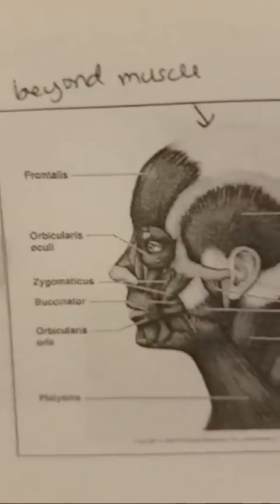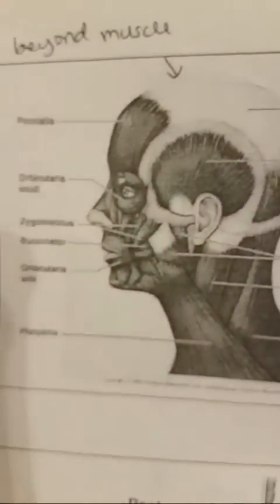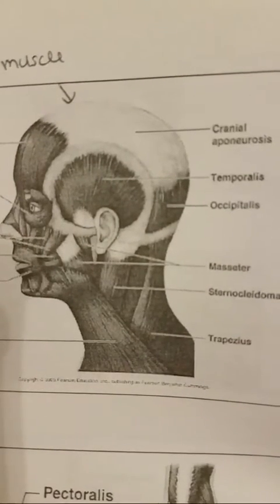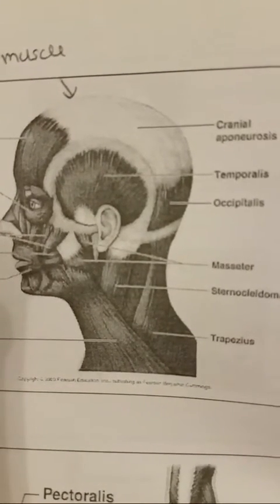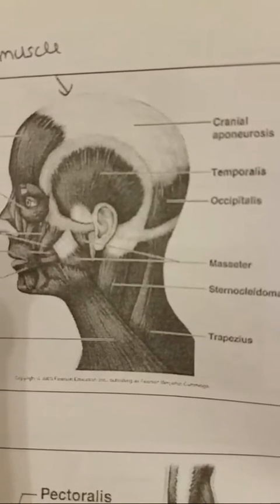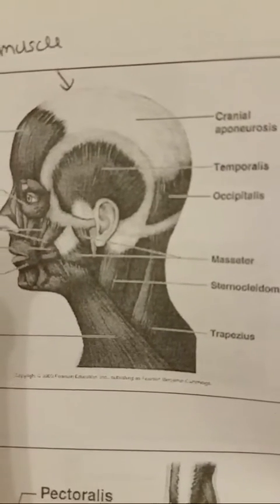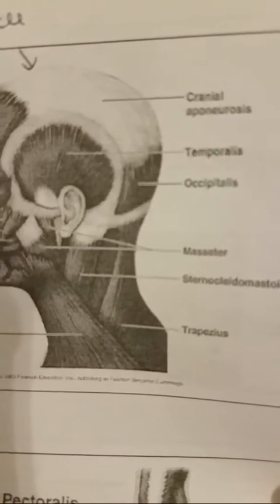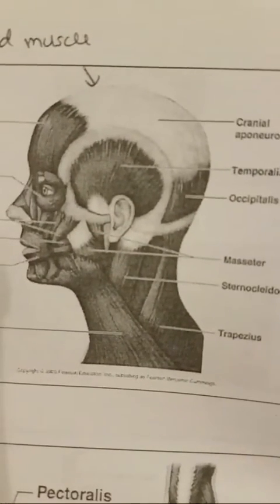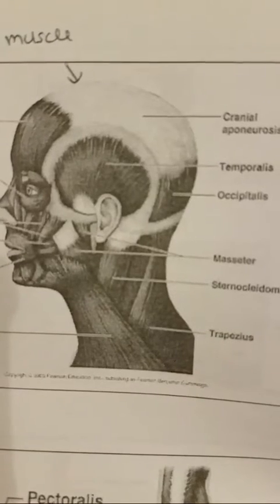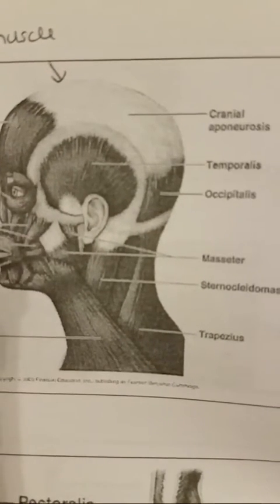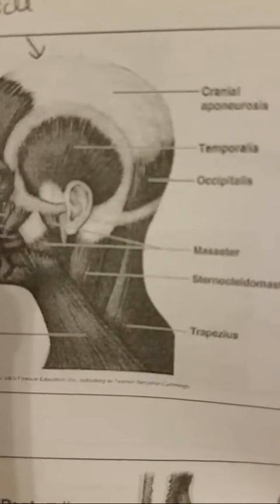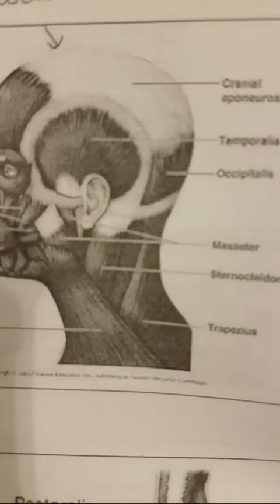So beyond muscle, we have the cranial aponeurosis, temporalis, occipitalis, masseter, sternocleidomastoid, trapezius.